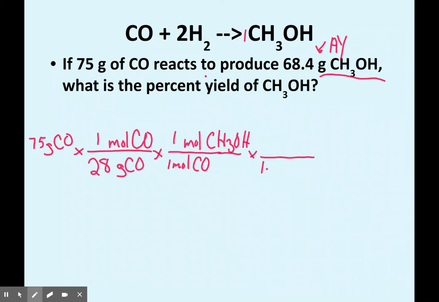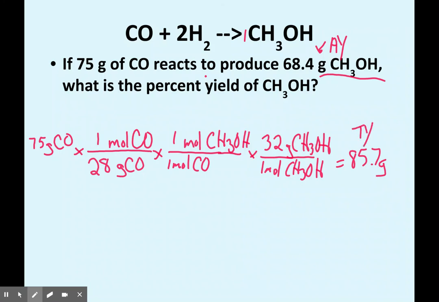And then we'll put 1 mole of the CH3OH on bottom, and grams of that on top, and the mass of that is 32. And then this turns out to be 85.7 grams. That's our theoretical yield. So if our actual yield is 68.4, our theoretical is the 85.7 times 100. Our percent for this is 79.8%.